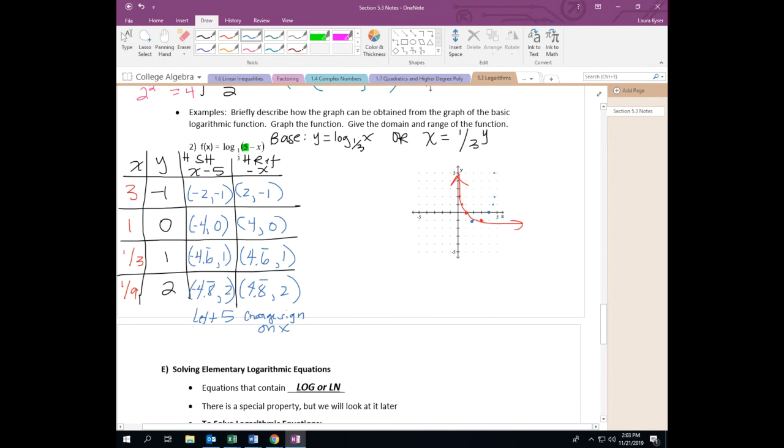And so this thing is curving real close to +5, and then curving back around down like this. Okay. So there you go.